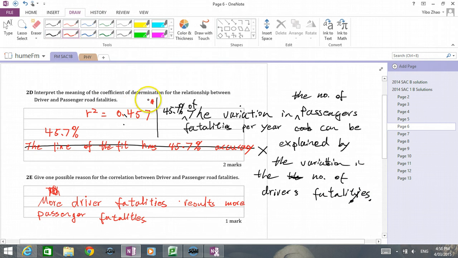In this question, if you write the percentage, you get 1 mark. If you write this sentence down correctly, you get another mark. Sometimes it's more than 1 mark.